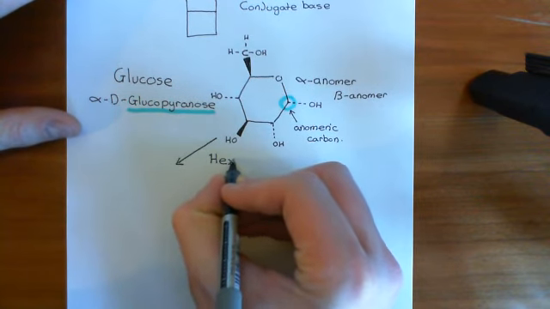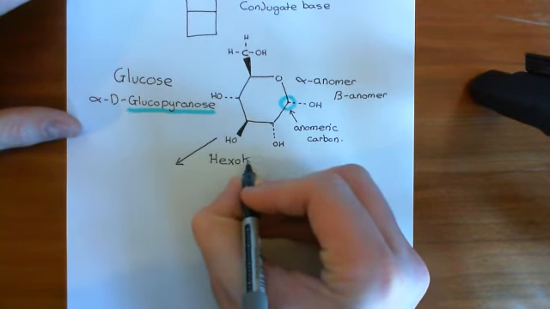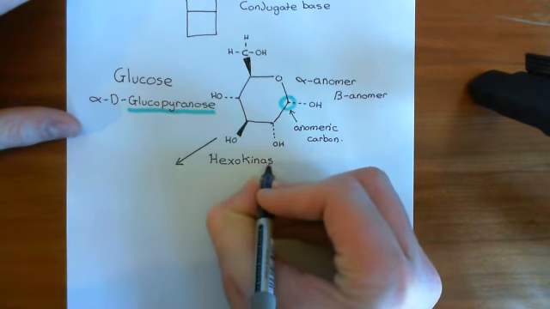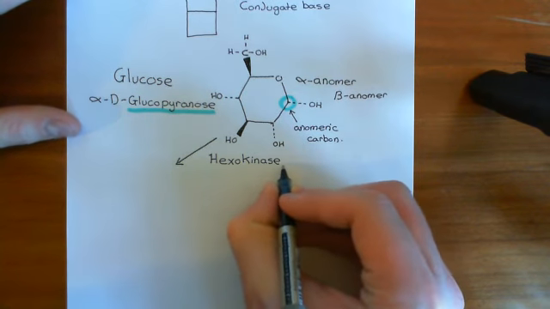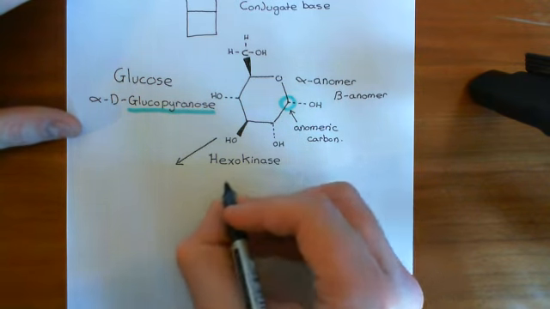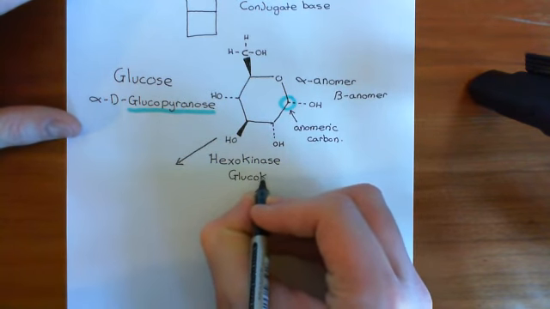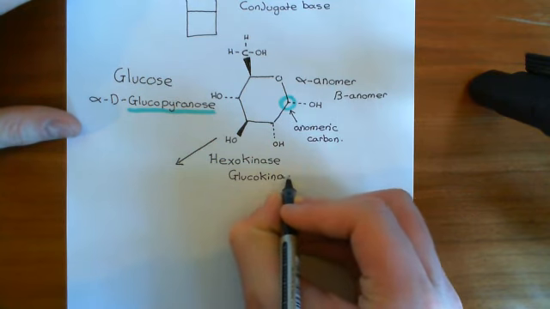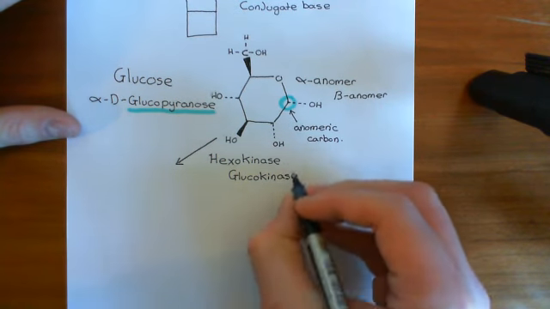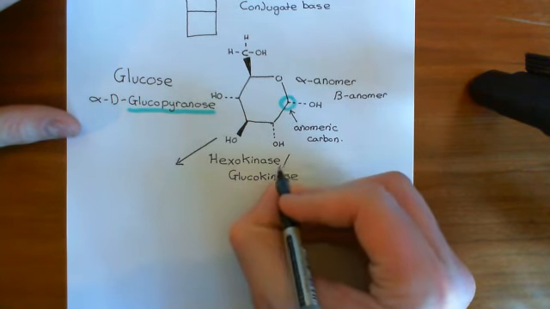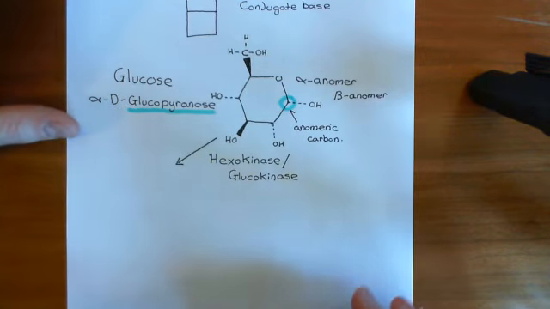One is known as hexokinase, which is present famously in skeletal muscle, and the other is known as glucokinase, which is present within hepatocytes and pancreatic beta cells significantly. So either one of these enzymes will catalyze this reaction.